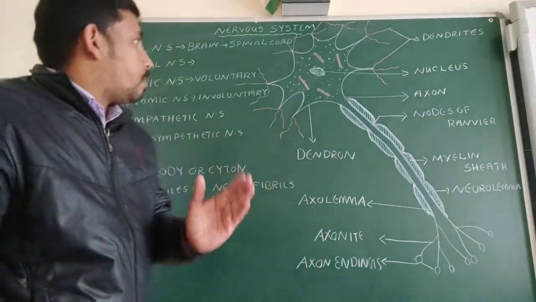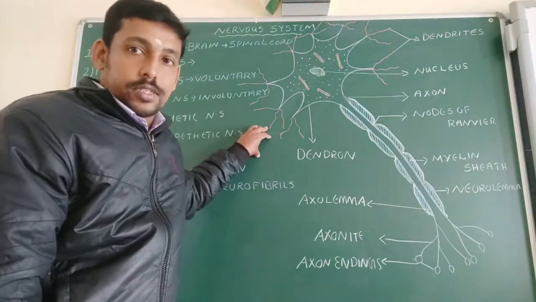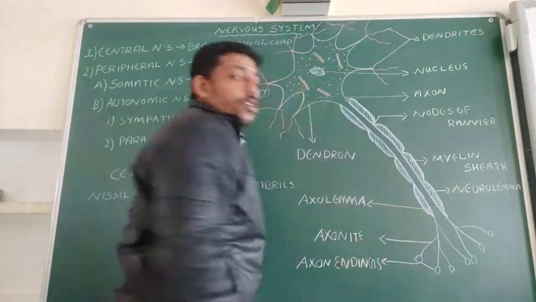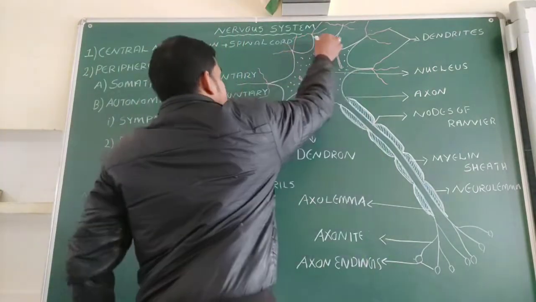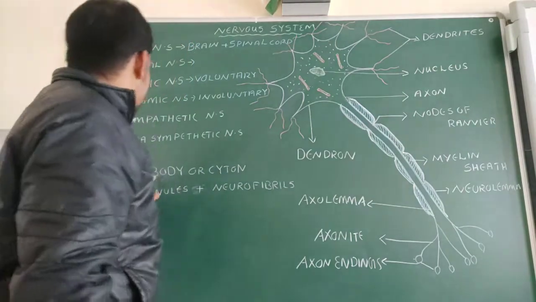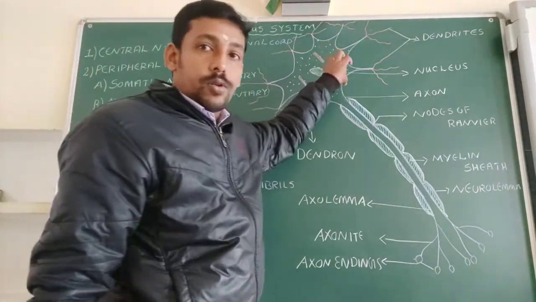The neuron has mainly three principal areas. This entire structure is known as the neuron or the nerve cell. This region is the body of the neuron, known as the cell body or cyton.